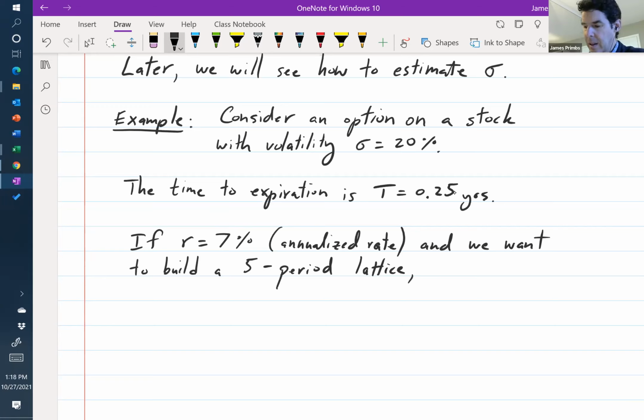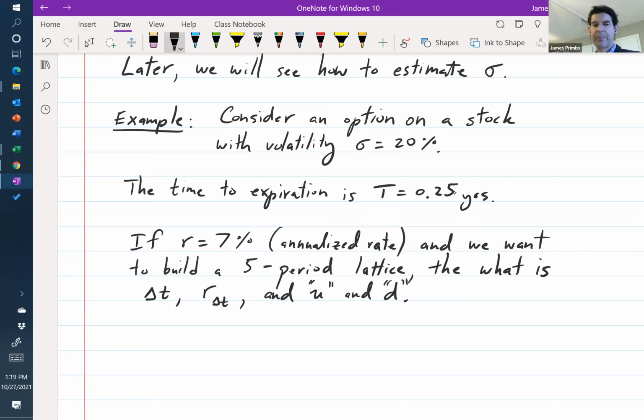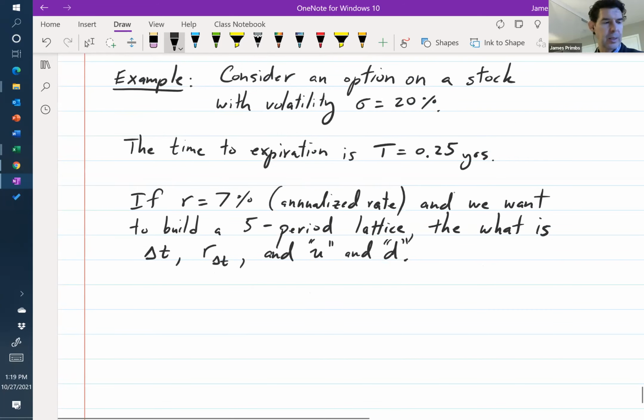Okay. Then let's calculate a couple of things. What is delta T? What is our per period interest rate? And what are the up and the down parameters that we're going to use? Okay. So this is our setup. So now let's go and do these calculations. And it's basically plugging into the formulas up above.